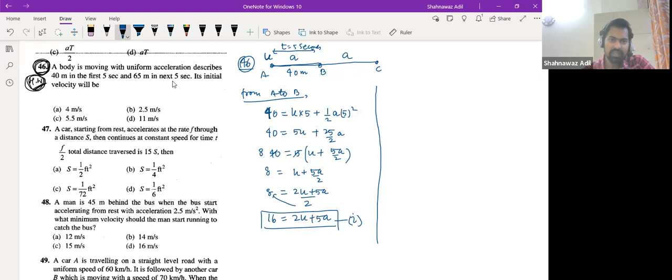Okay. So now the acceleration is this, and 65 meter in next 5 seconds. So this distance is 65 meter, and this time is 5 seconds, right? So we have to use the same initial velocity, right? So if I am using the same initial velocity, then the journey would be from where to where?